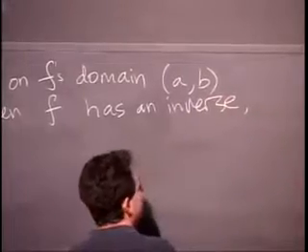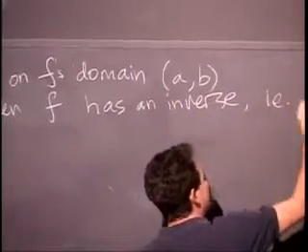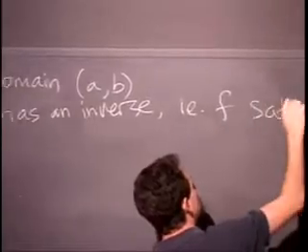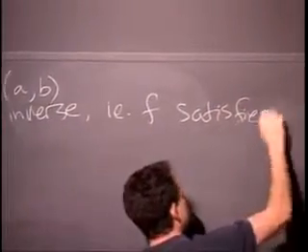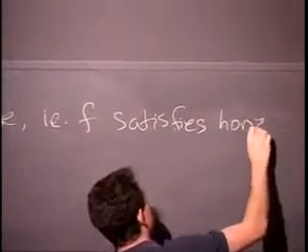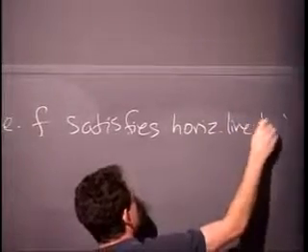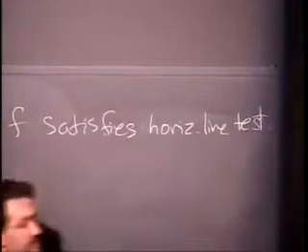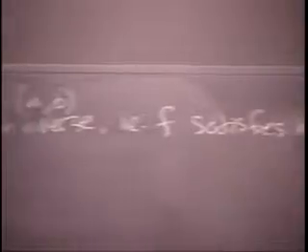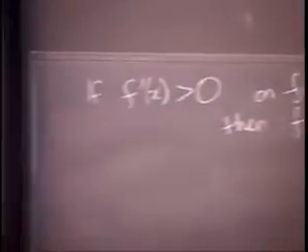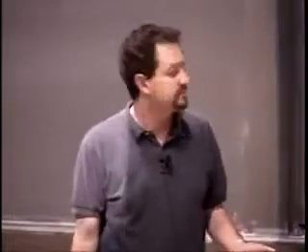Another way of thinking of this is, i.e., f satisfies the horizontal line test. Okay, I said this last time, but now I would like to use Rolle's theorem to justify this.